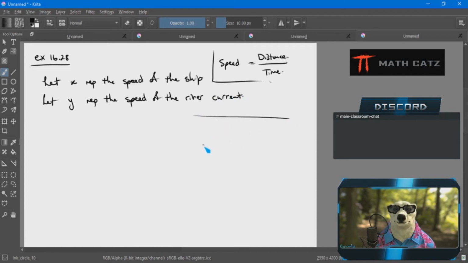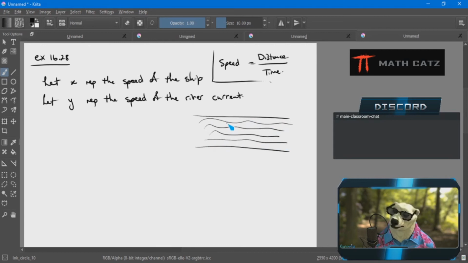All right, so how does this work? Well, there's my river. And let's suppose the river is flowing in a certain direction, of course. If my boat is traveling in the same direction, then the boat speed is going to be x plus y.